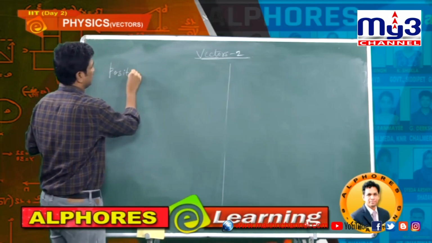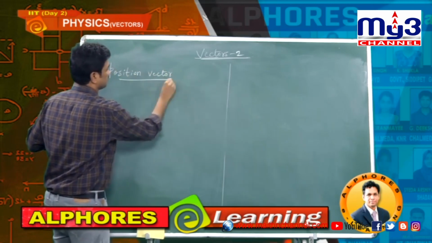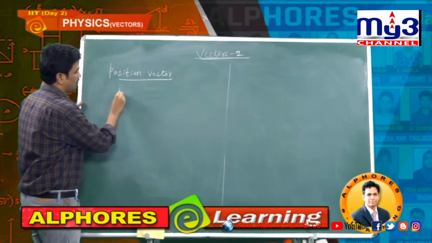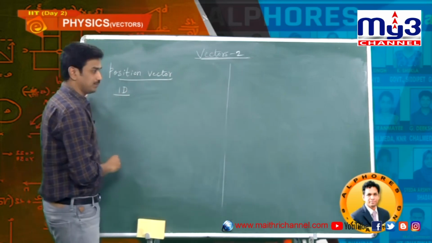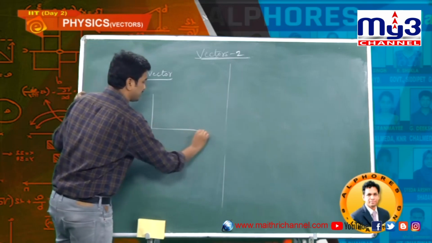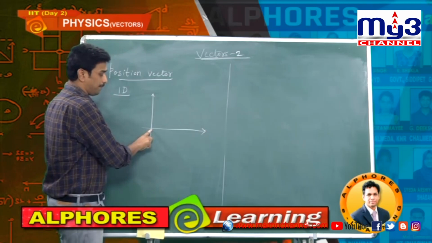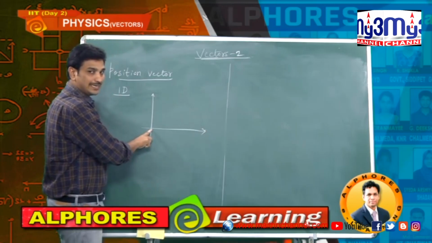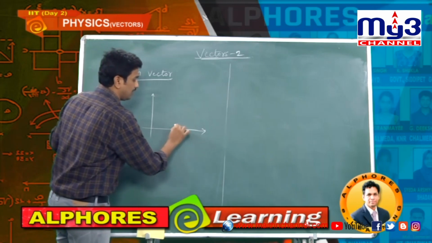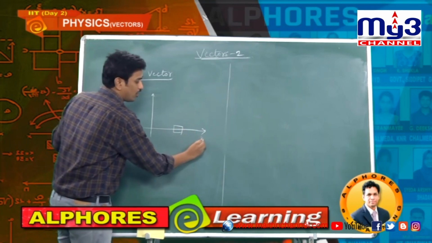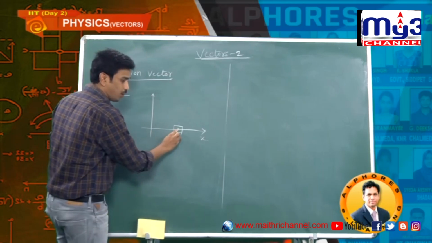Continuation of position vector. 1D, one dimensional motion. What is the meaning of one dimensional motion? The particle or object is moving along one direction, maybe along the x-axis. Where is the location of this body?